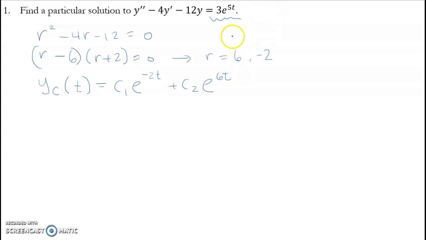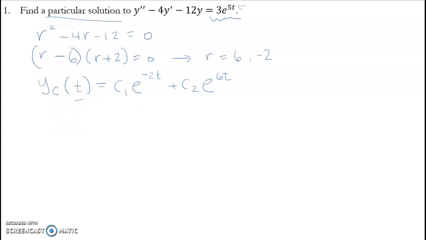I should have used a different variable other than t, because t is used here, so note that this t and the t that I'm using are different. We can easily get the complementary solution from setting our equation equal to 0. Now we need to get the particular solution.